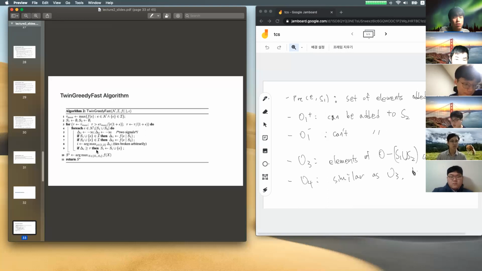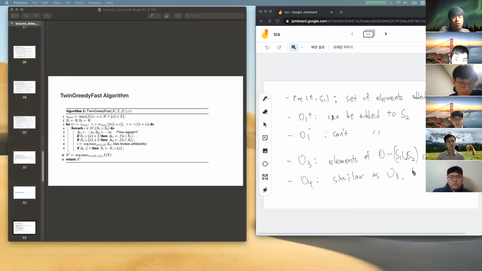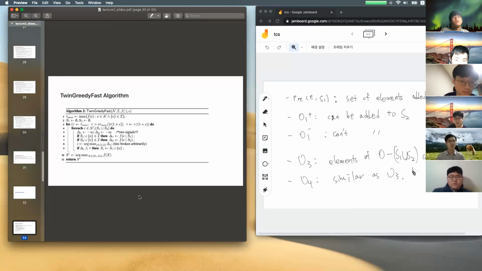Given a threshold, it checks every unselected element in some order, and it chooses one of the two solution sets, adding the element with marginal gain maximized, but if the marginal gain is less than the threshold, it does not add the element to the solution set.